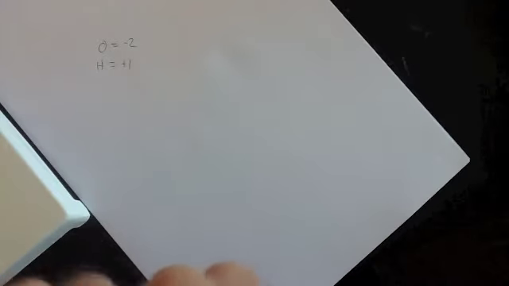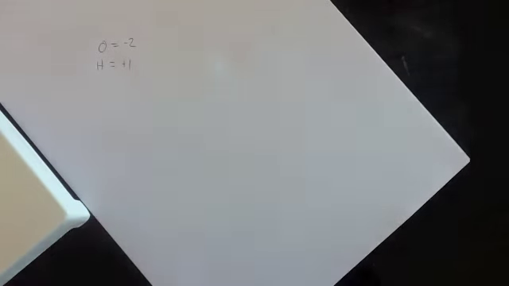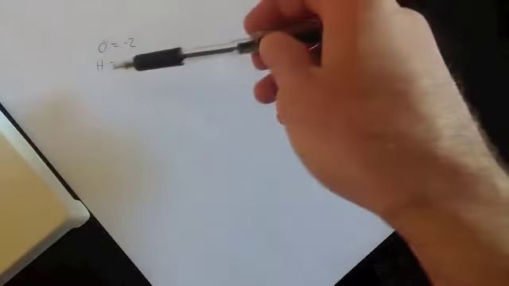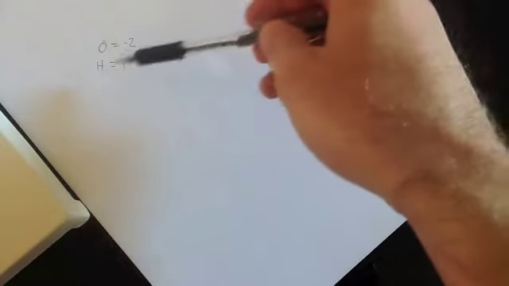Hydrogen is always +1, except when it is combined with a metal ion, and therefore it will be -1. But just for all intents and purposes, basically for 99%, it will be +1.